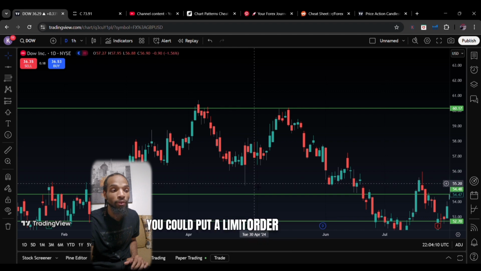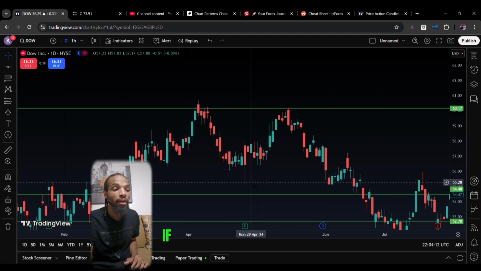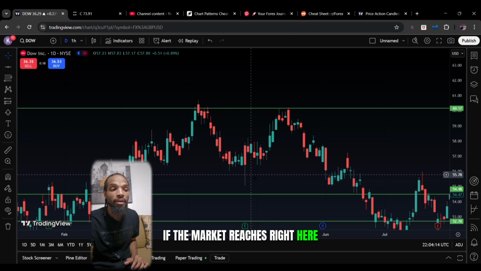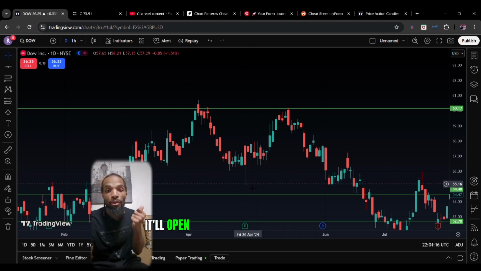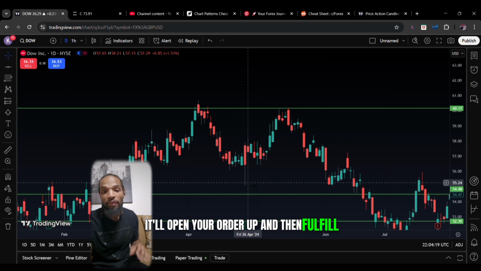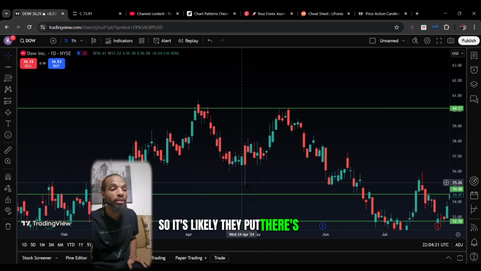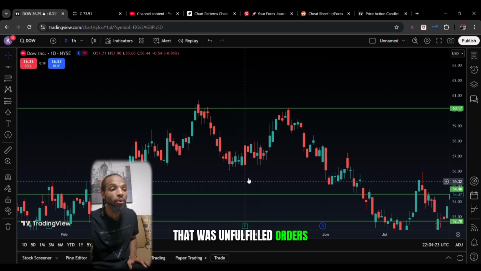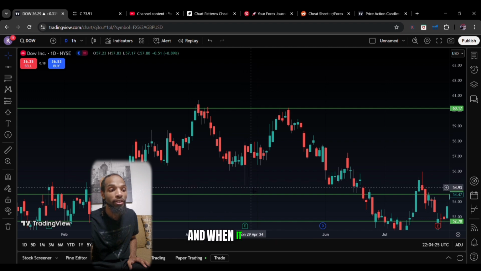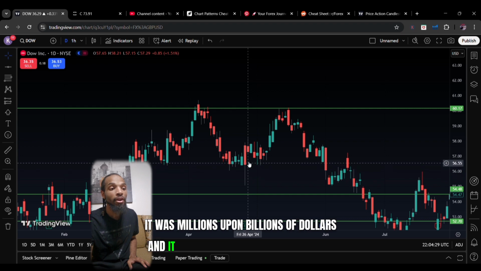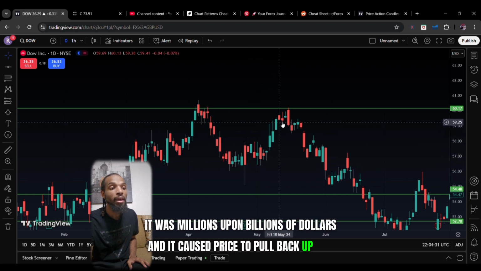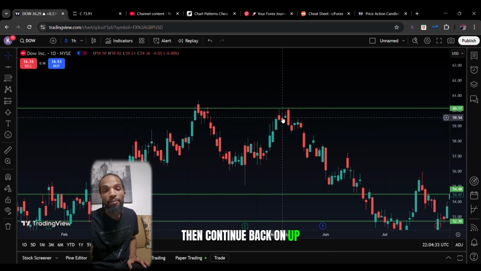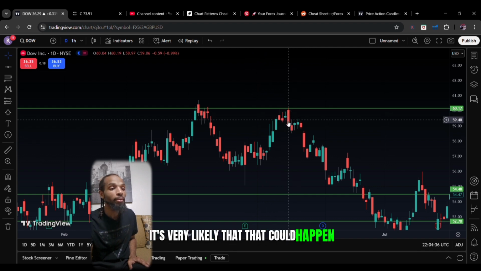You could put a limit order in and say, if the market reaches right here, it'll open your order up and then fulfill it for you. So it's likely there's limit orders that was unfulfilled orders that was possibly right here. And when it touched it, it was millions upon billions of dollars. And it caused price to pull back up and then continue back on up. It's very likely that could happen.